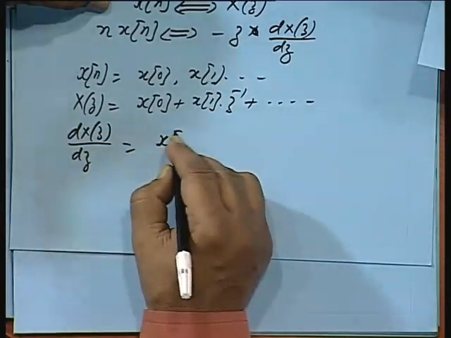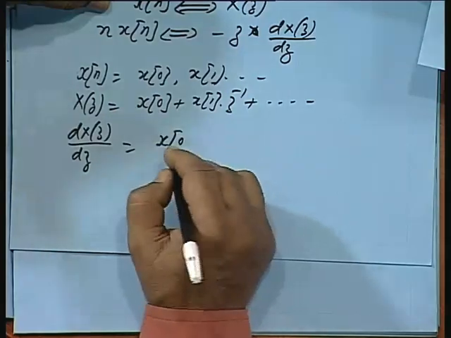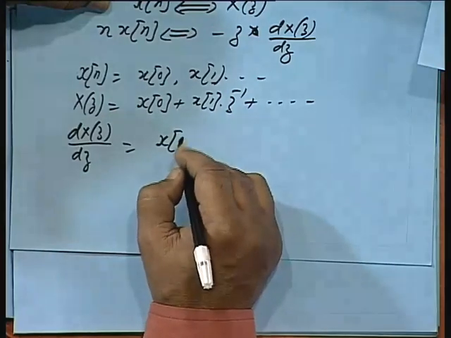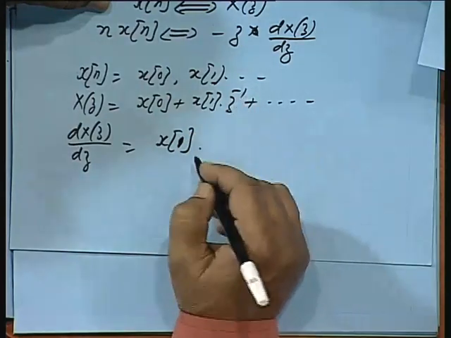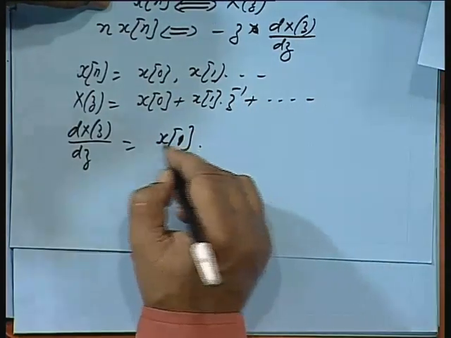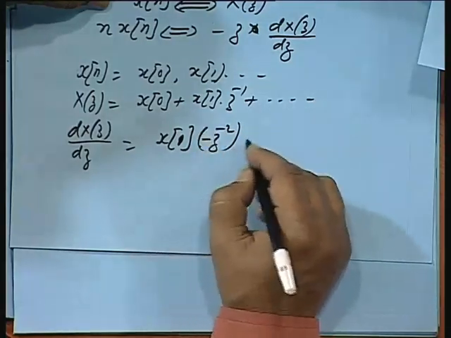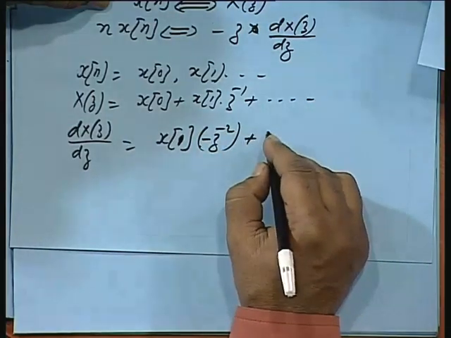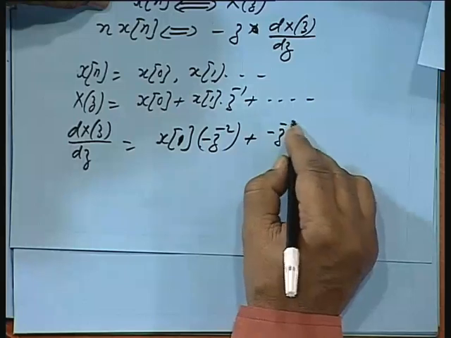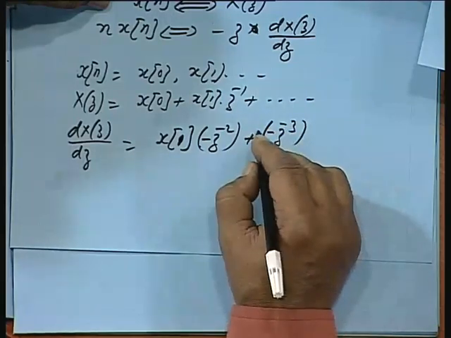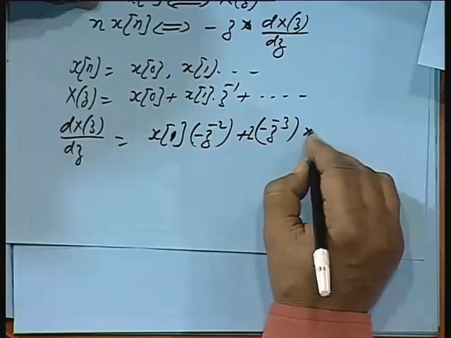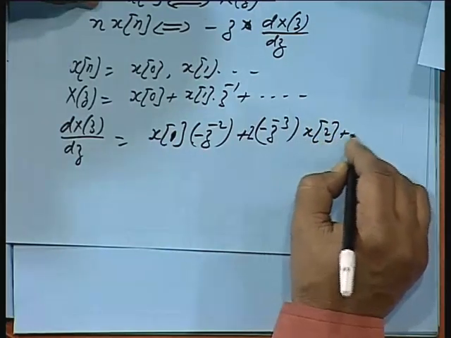It will be x 0, derivative is 0, then x 1 and z inverse, if I take the derivative, it will be minus z to the power minus 2, plus minus z to the power minus 3 into 2 into x 2 and so on.